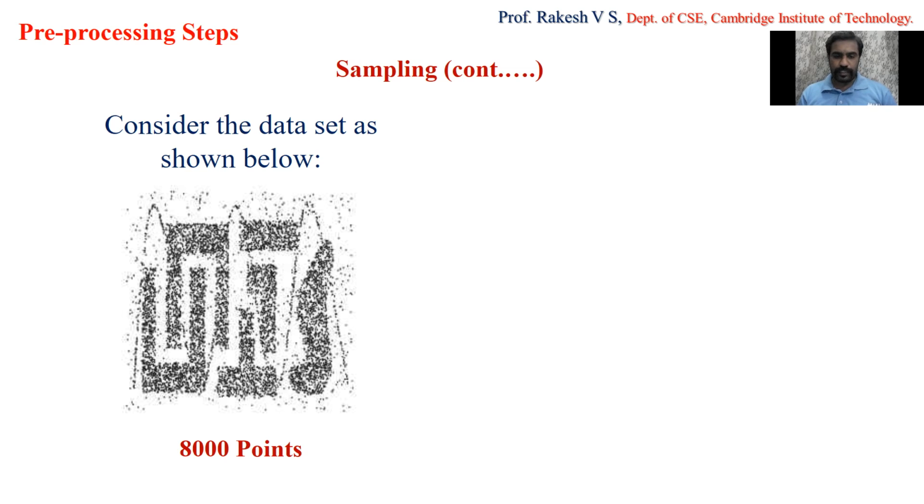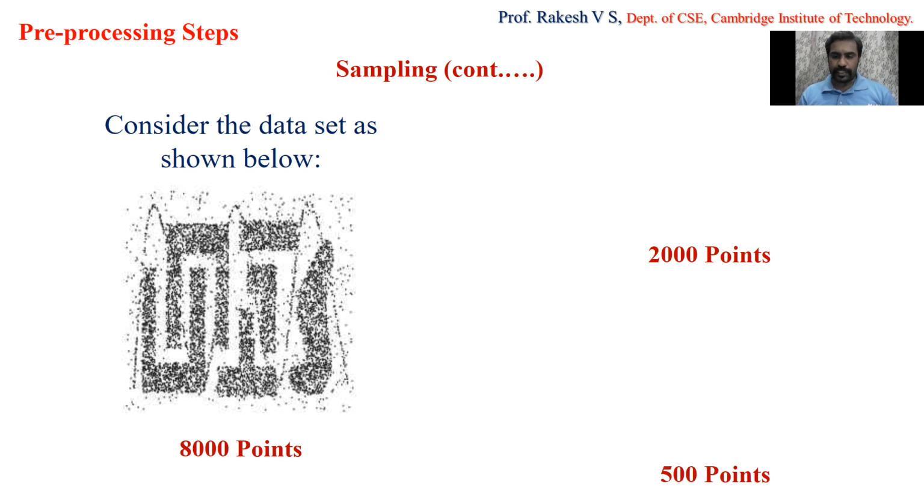Take this data set, which has a pattern of a sinusoidal wave as well as a square wave, and this pattern is made up of 8,000 points in total. Say now from these 8,000 points, I am going to take 2 samples, one of 2,000 points and the other of 500 points.